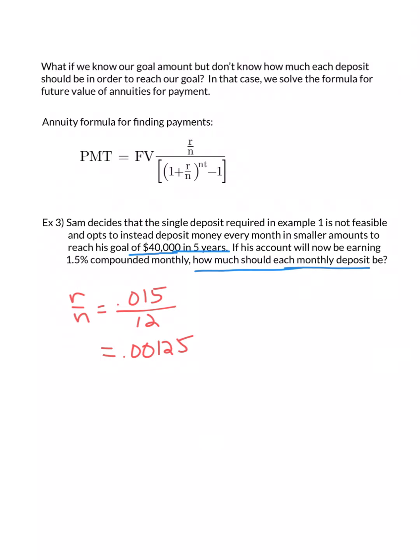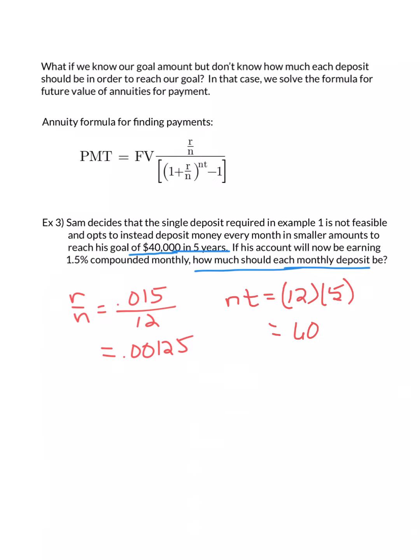Many times in your homework, they do not. When you get a long decimal on homework problems, you must use that entire decimal. nt: n is 12 because it's compounded monthly, and it's 5 years, so nt comes out to be 60.